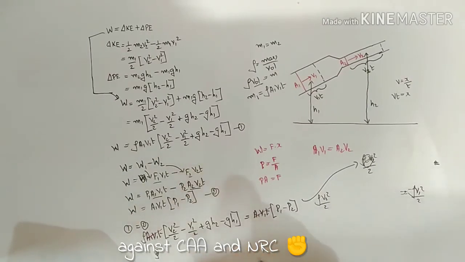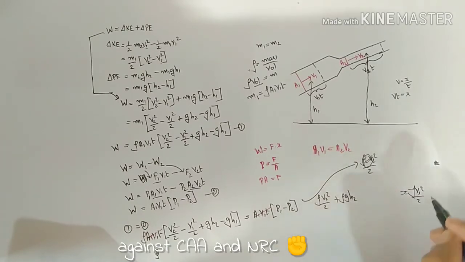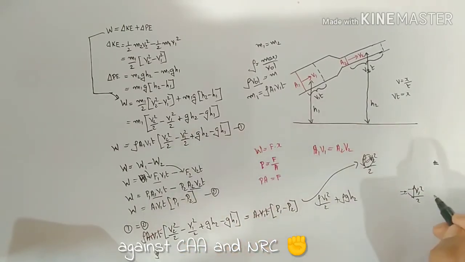Then there will be rho GH2, and then a minus rho GH1.